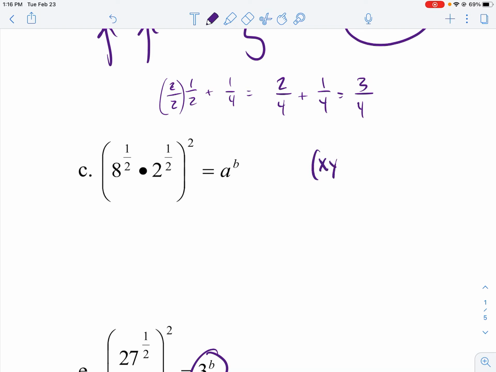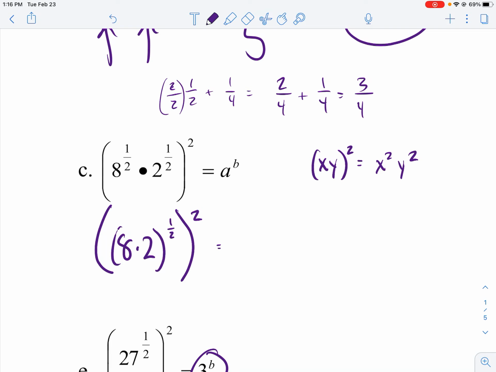So xy raised to the second power is the same as x squared y squared. We're going to use that concept and take back this 1/2. Because 8 and 2 are clearly two different numbers, we're going to go 8 and 2, all raised to the 1/2 power, squared.